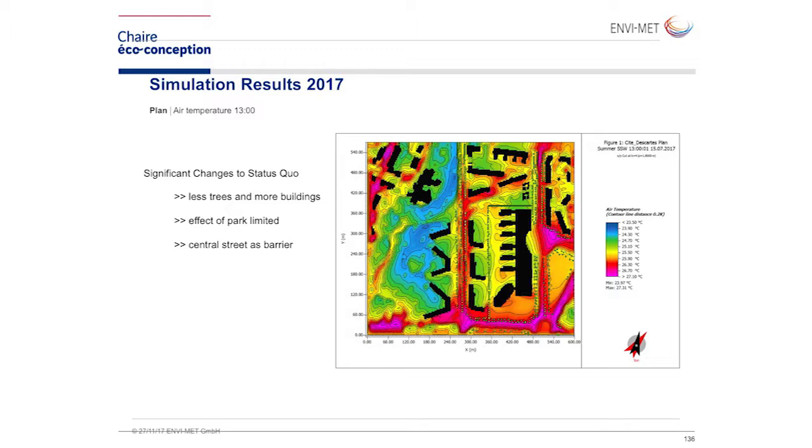There is still a cool area in the park, but the temperature distribution in the central parts of the campus has changed dramatically due to that intervention. Basically because we have fewer trees now, more buildings, and the buildings we have constructed along the road act as a barrier which prevents the cooler air from the park from penetrating to the eastern parts of the area. So next slide, please.